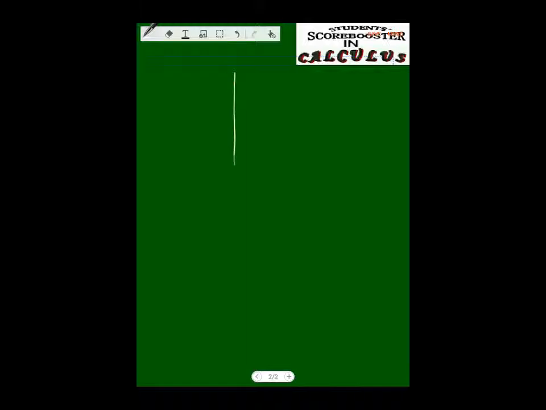So let's assume that we have this and we want to find the area, and this curve is y equals f of x, and we have this point to be a and this to be b. So this is the y and this is the x axis.